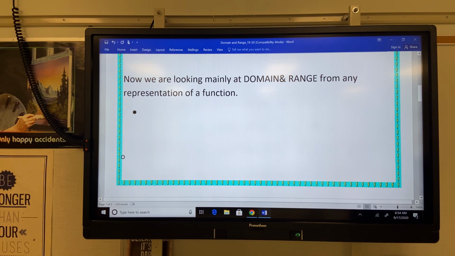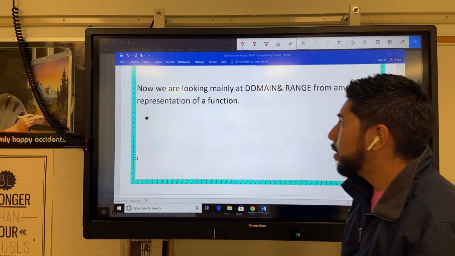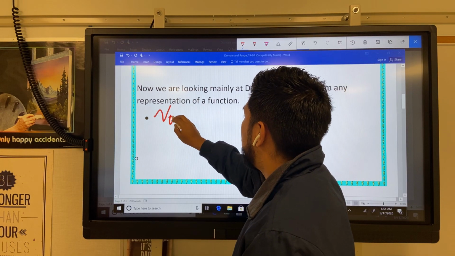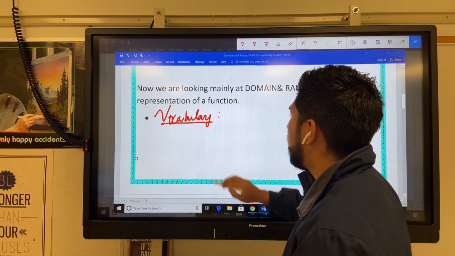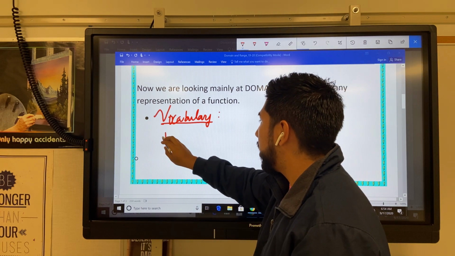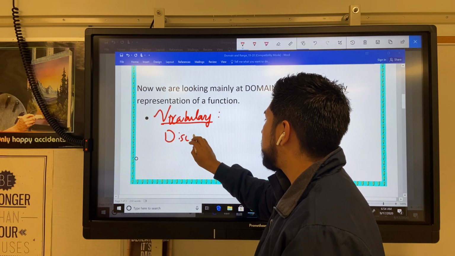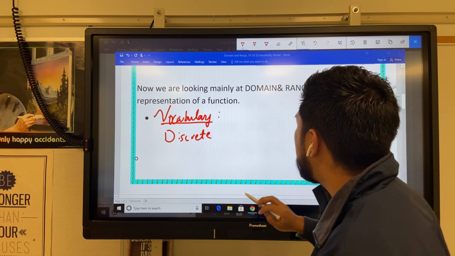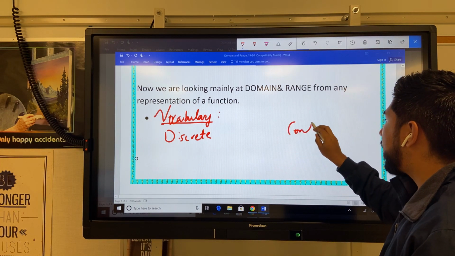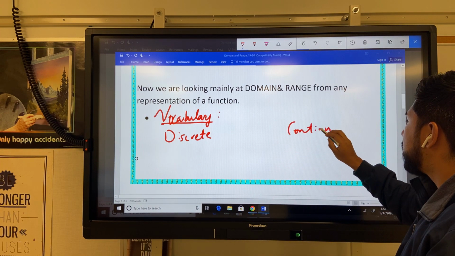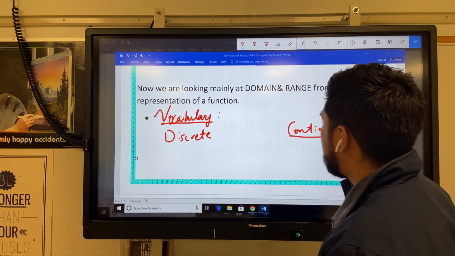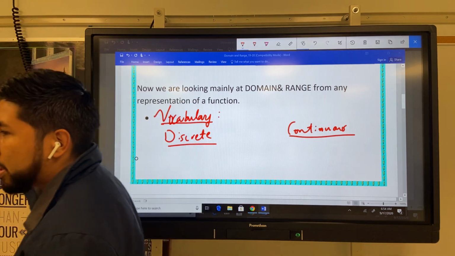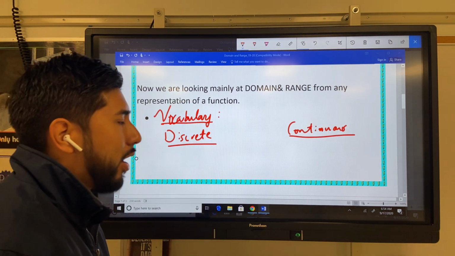Okay, so here now we're looking at the different representations, and what I mean is vocabulary. So it's discrete, and I read a story problem, I should be able to tell if I can count it or if I cannot count it.